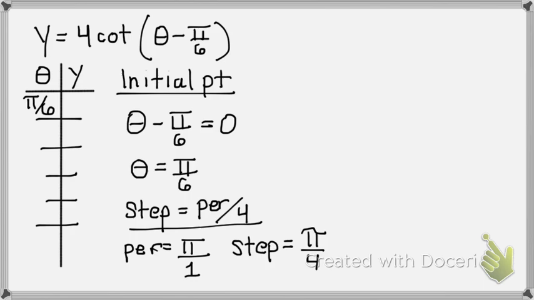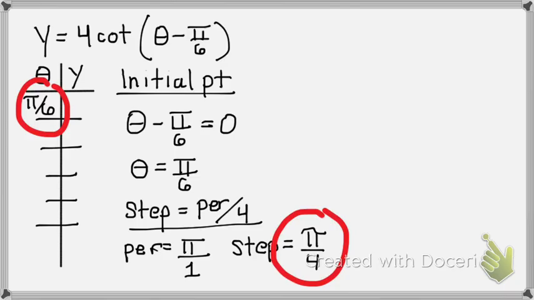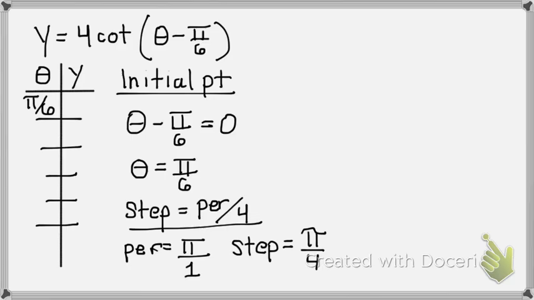And seeing that I want to add pi over 4 to pi over 6, I want to get a common denominator so that this will be a little more convenient. It looks like the common denominator to use is 12. So if I multiply by 3 over 3, I'll get 3 pi over 12. And that's equivalent to pi over 4.